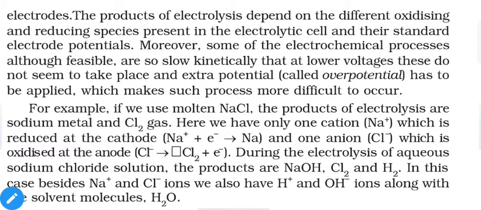That means in certain cases you will notice, on the anode, usually lower reduction potential values participate in oxidation, but in certain examples you will notice higher reduction potential values actually participate in the anode oxidation reaction. Why does this situation occur? The reason is mentioned: they are so slow kinetically, and at lower voltage they do not seem to take place because of extra potential or overpotential.